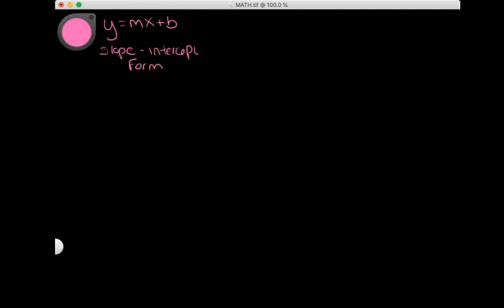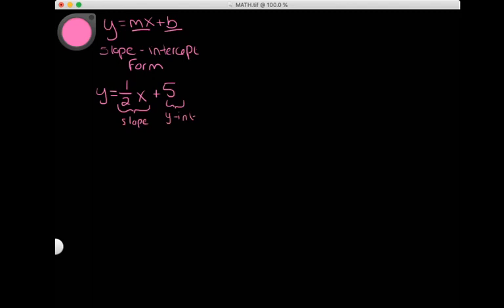And why is that? Because we have our slope and our y-intercept, right? Remember that our m is our slope, our b is our y-intercept. So if I have, for example, this equation, y equals 1 over 2x plus 5, this term right here is my m, my slope, and this is my y-intercept.